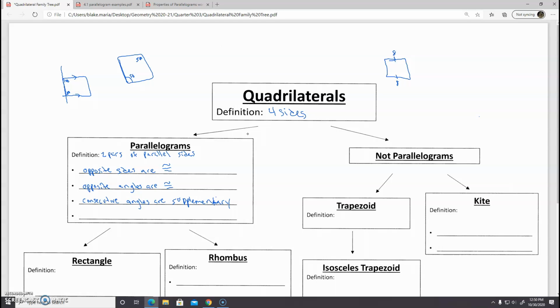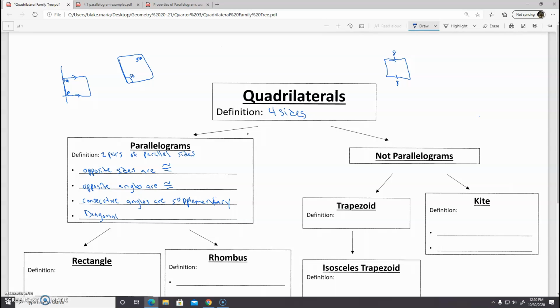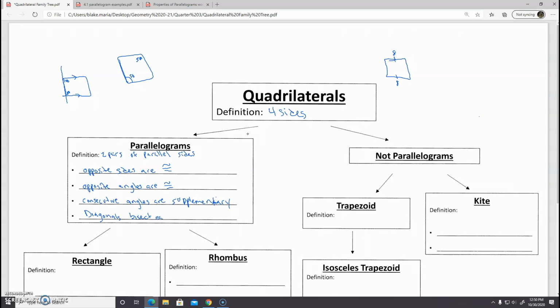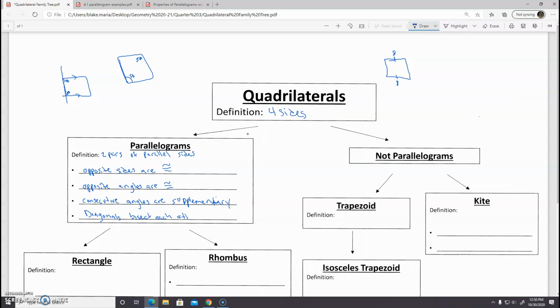And then last but not least, your diagonals bisect each other. So what does that look like?